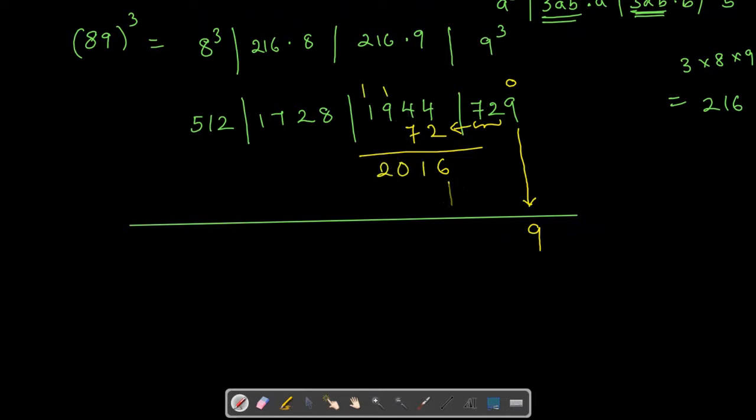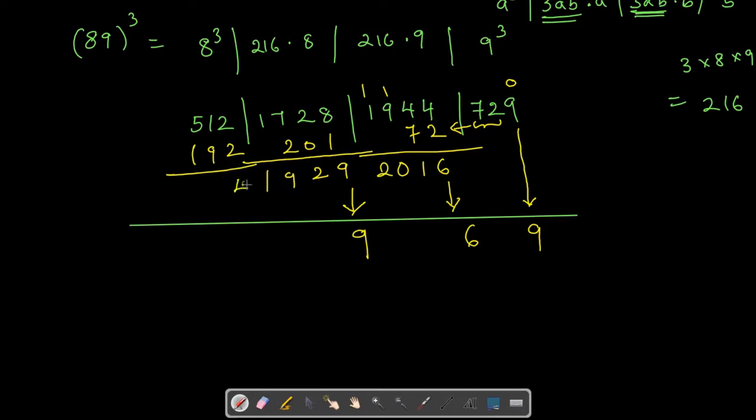So from this again, I'll be taking this 6 over here, and I'll push 201 to the next number. Then again, if I add, I'll be getting 1929, and again I'll be dropping this 9 over here, and 192 I'll be writing over here, the rest 3 numbers. So it becomes 4, 10, 6, and 7.